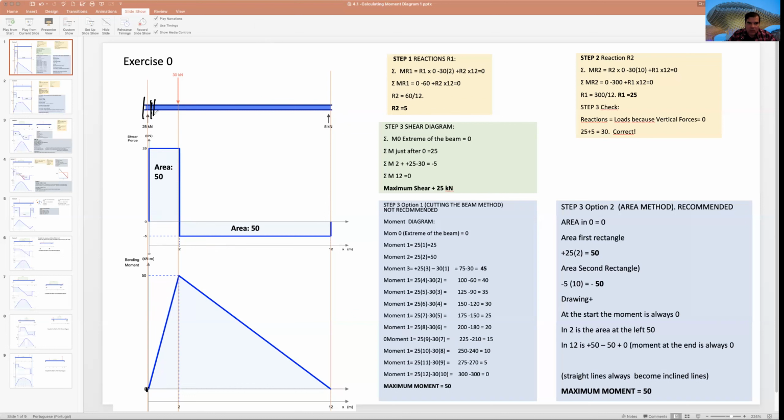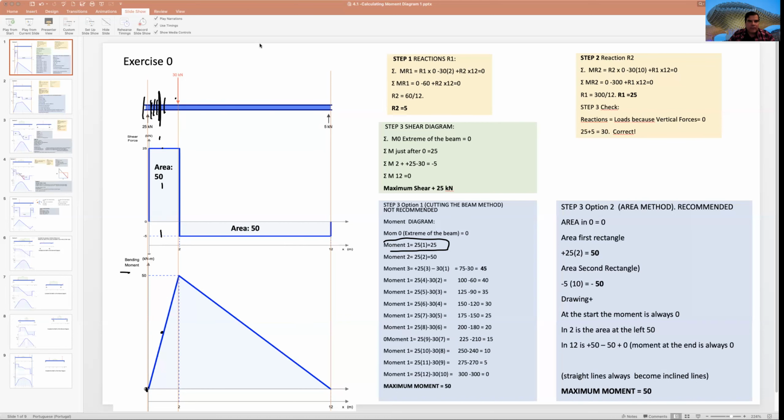But if I move more and arrive at 0.1, 0.31, for example, or I arrive here at 1, I will need to multiply 25 by 1. Well, 25 multiplied by 1 is 25. I will need to plot 25 here, until in 1, the bending moment is 25.